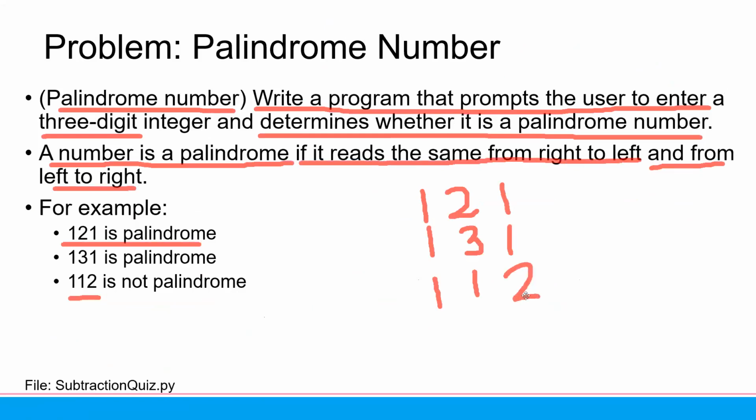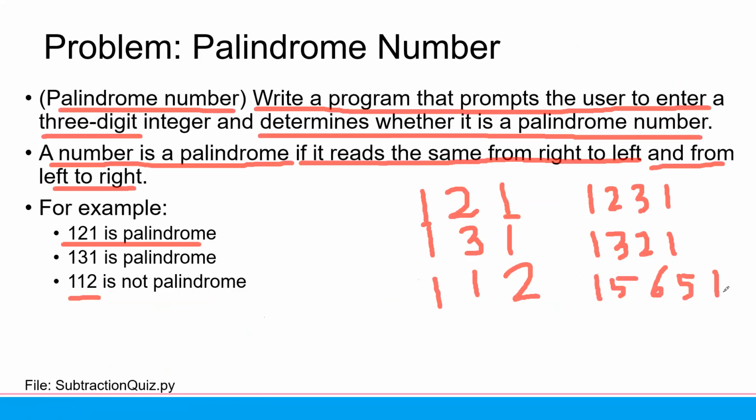The easy way to determine this one, because we have only 3 digits, it means the first and the last should be the same. But let's say if you have 1, 2, 3, 1, is it a palindrome? No. If you have 1, 3, 2, 1, is it a palindrome? No. If you have 1, 5, 6, 5, 1, is it a palindrome?